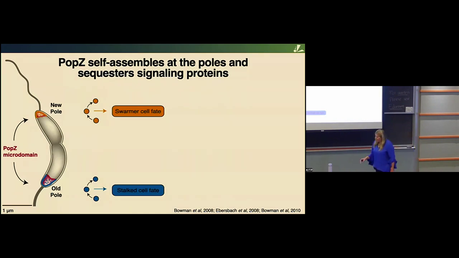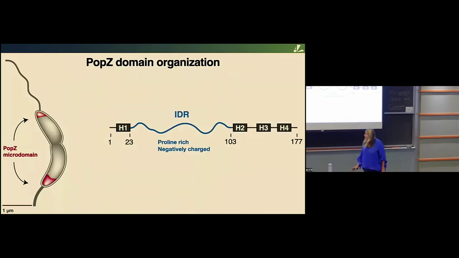Okay, so what is this POP-Z protein? It's a simple scaffold protein, 177 amino acids. It has an N-terminal helical region where all the clients bind, and we know of at least 15 different proteins that bind in this specific helical region.